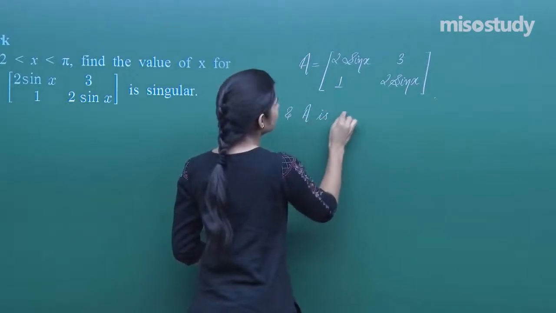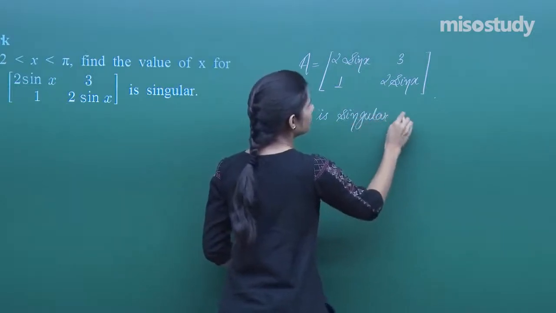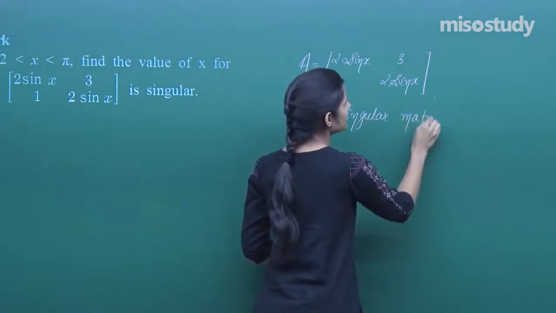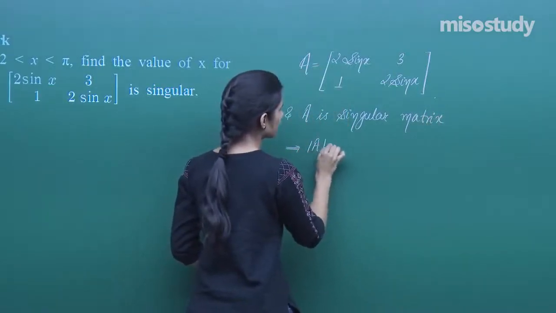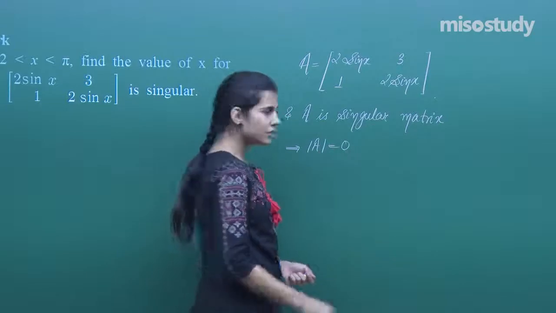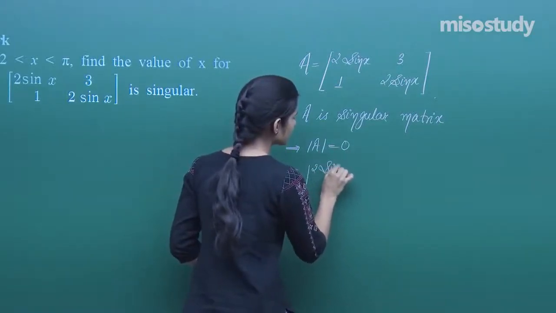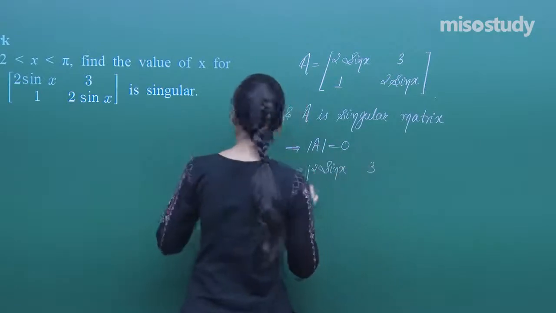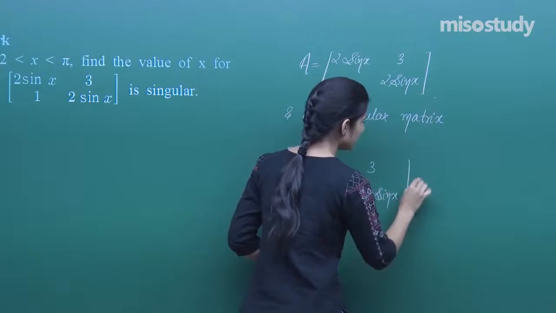If it is given that A is singular, this means that its determinant is equal to 0. That's what is a singular matrix, which implies the determinant of 2 sin x, 3, 1, 2 sin x is 0.